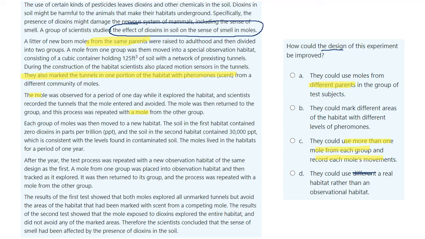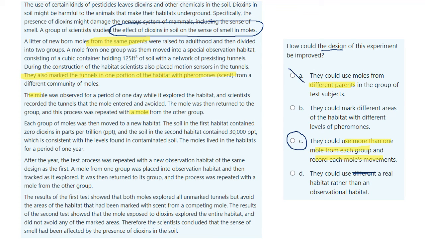If we're watching where these moles go and we had 5 moles from each group and all of the moles avoided a certain area, then we would have stronger conclusions than only one mole avoiding that area, because it could be chance. So C does look like a good answer.